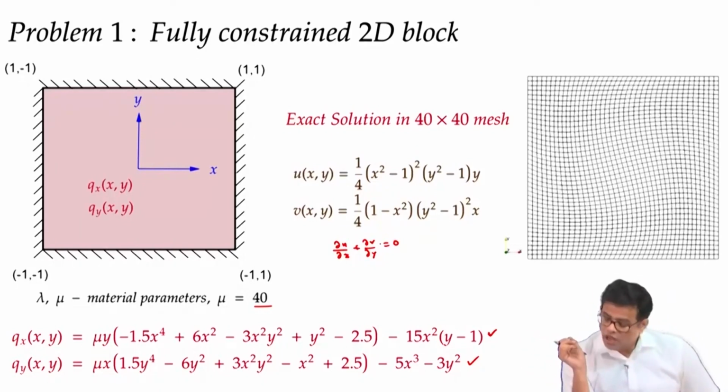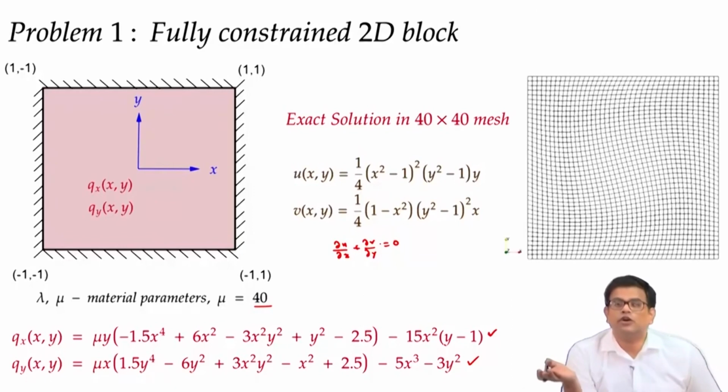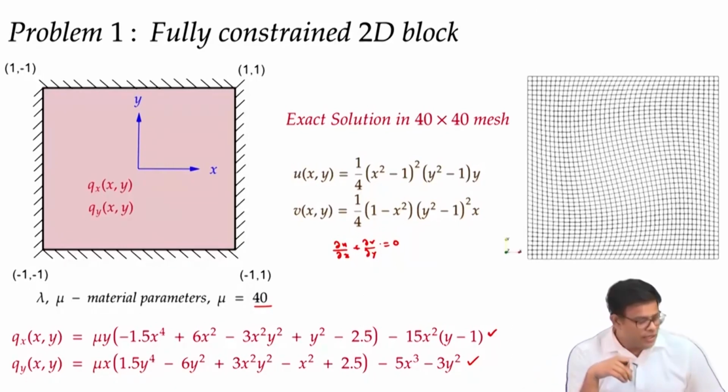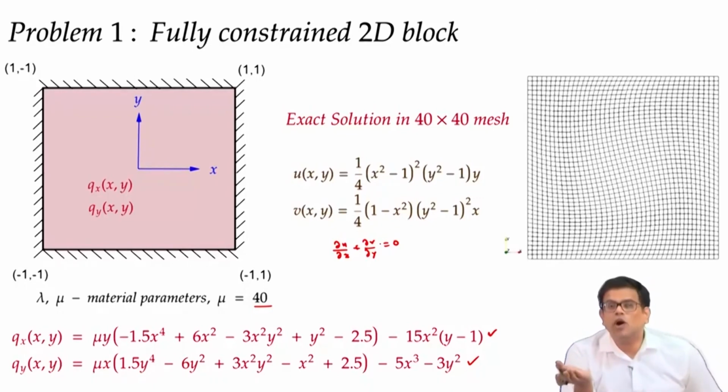So that means if I wanted to solve this with the standard finite element, say a 40 cross 40 mesh, so x direction 40 and y direction 40, then let us see what is the performance of the standard Q4 element.